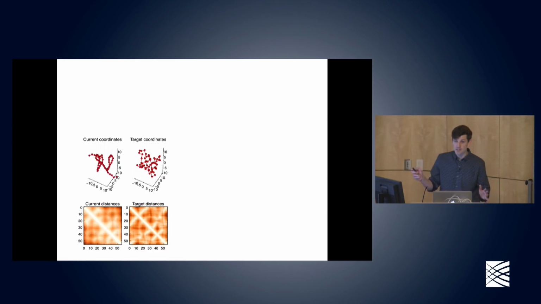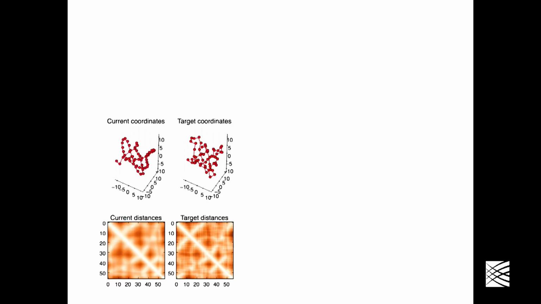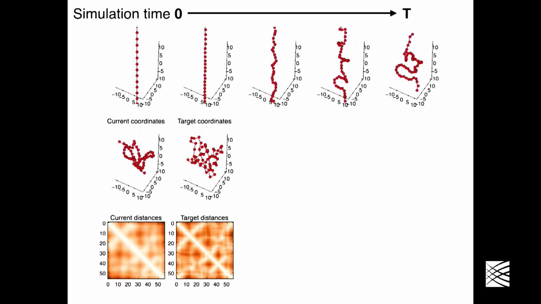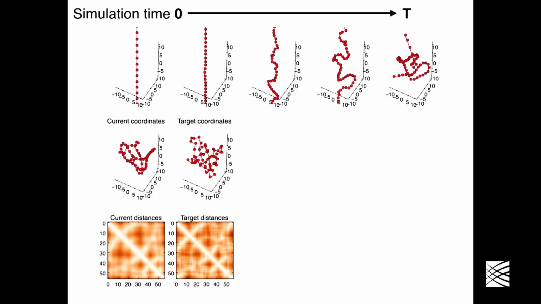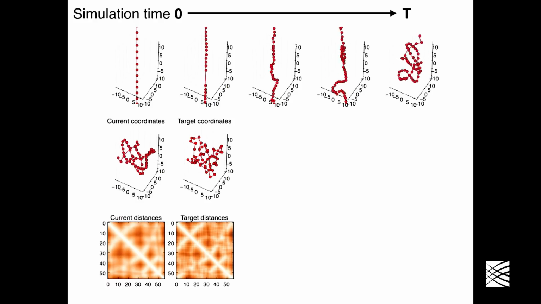Now the movie we're seeing is such that every single frame of the movie is a training step, and every single training step is an entire simulation. You can see it, for instance, up here. The simulation happening in each frame starts with an elongated structure that looks nothing like the target.